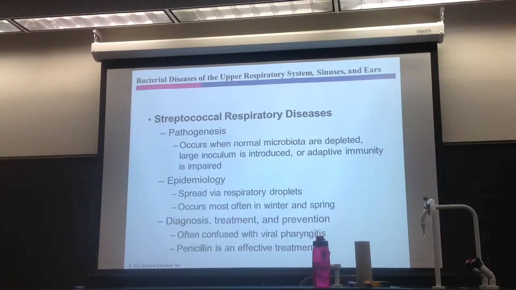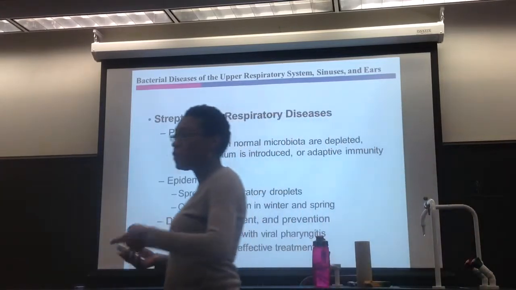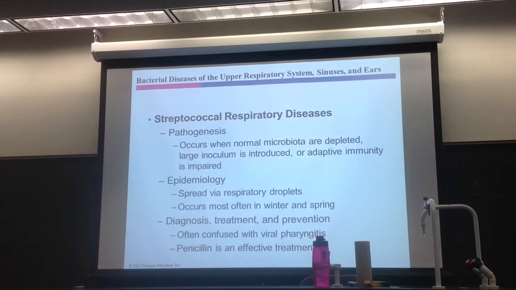Now, of course, I'm going to say it right now: usually, if we're talking about either upper or lower respiratory diseases, it's spread by respiratory droplets, okay? So I'm not going to say that every time. Usually you breathe in droplets that contain that pathogen, either a bacterium or a virus. Most of these are basically inhaling those droplets.